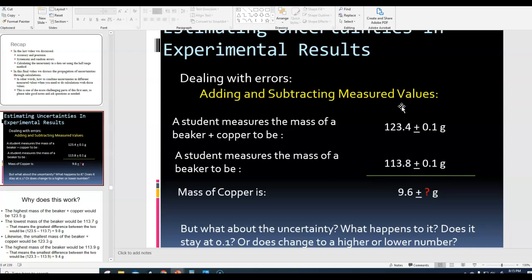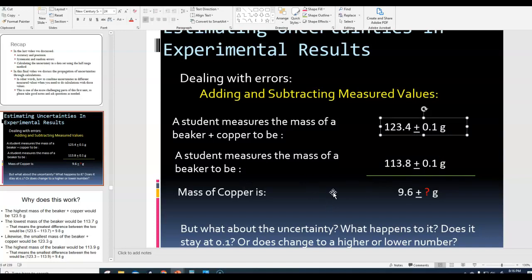Here we have measurements. The mass of the beaker plus copper is measured to be 123.4 grams plus or minus 0.1 grams, and the measurement of the mass of the beaker by itself is 113.8 plus or minus 0.1 grams. Both of these have the same uncertainty, most likely because they were measured using the same measuring device.